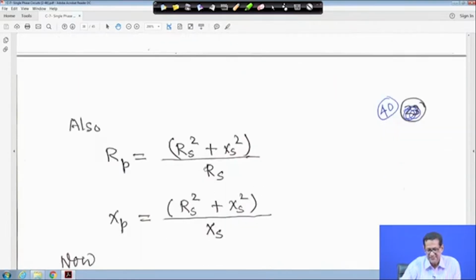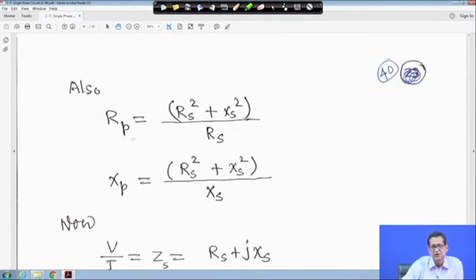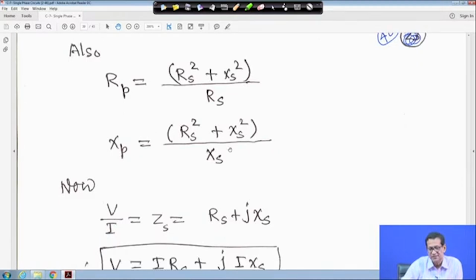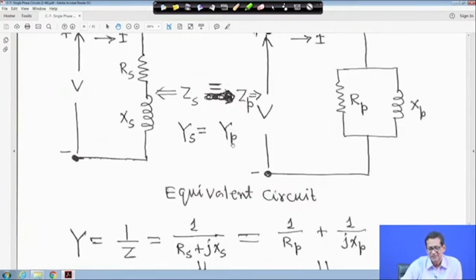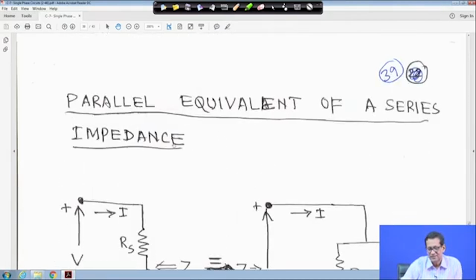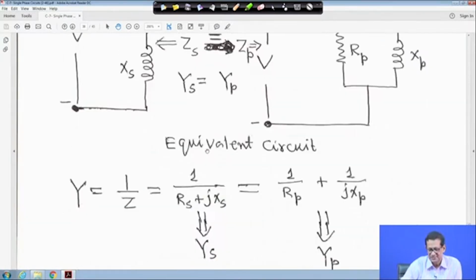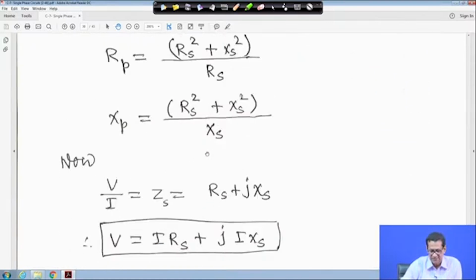So that means the series impedance Rs plus jXs can be represented by two parallel connected impedances. One is of course purely resistive, Rp is equal to this one, and Xp is equal to this one. This is called the parallel equivalent of a series impedance. This is also possible.